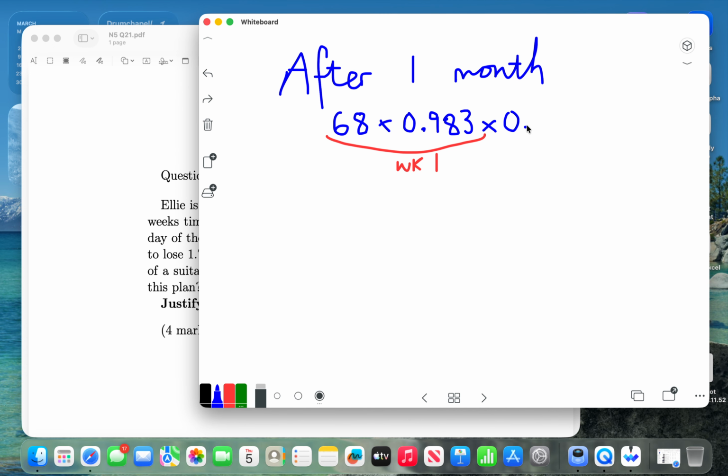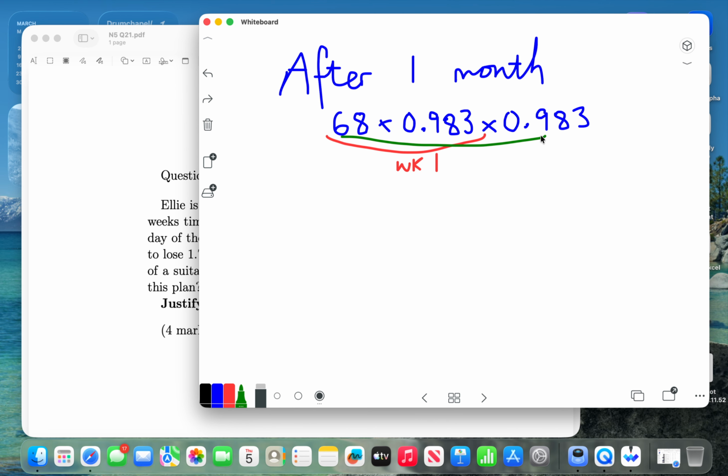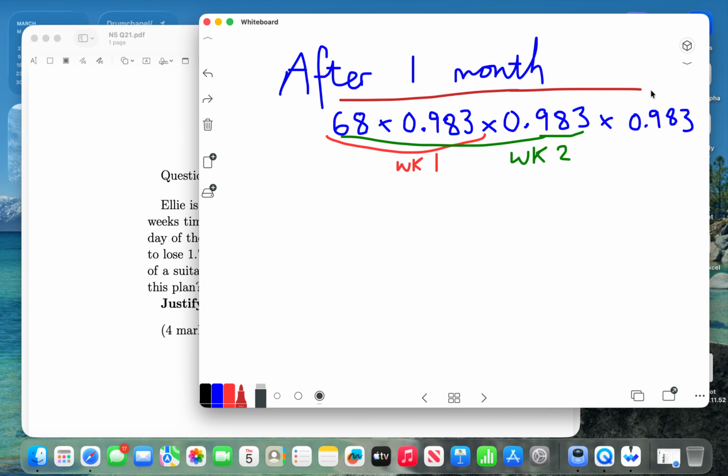We then multiply by 0.983, and this is week 2. We then multiply again by 0.983 to get week 3. And we multiply this again by 0.983.